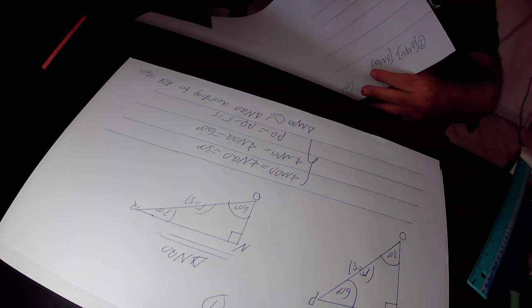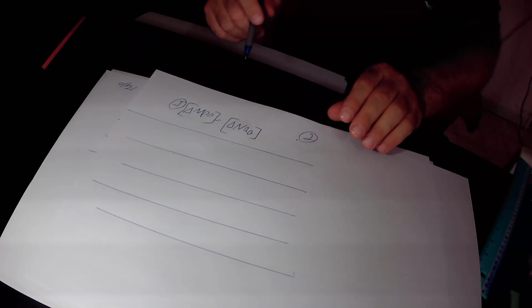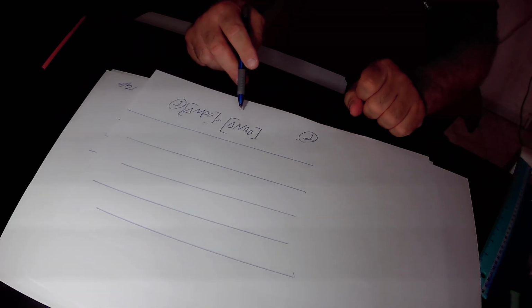So repeat again, we found out that the area of the right triangle MPO is equal to the area of the right triangle NQO.